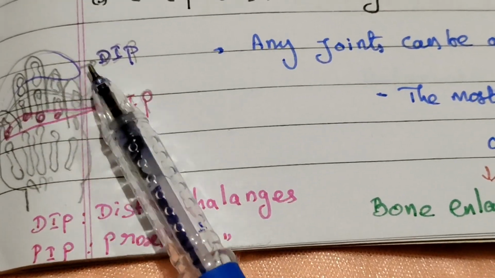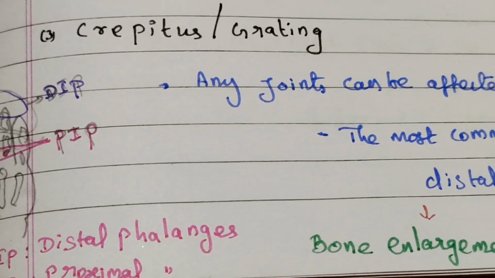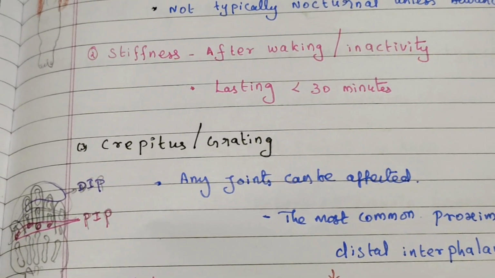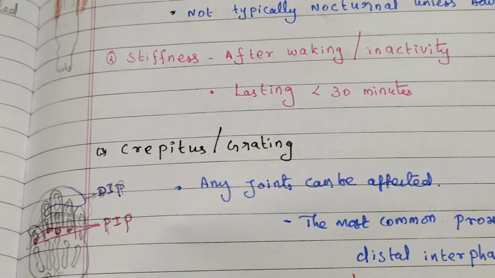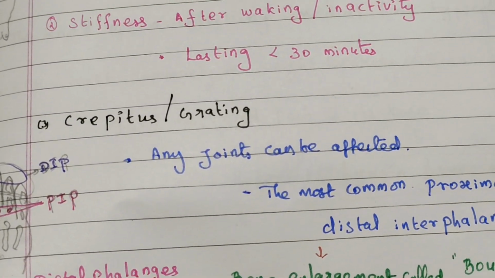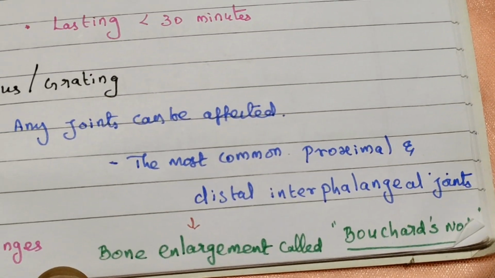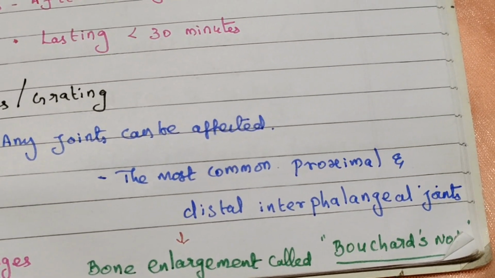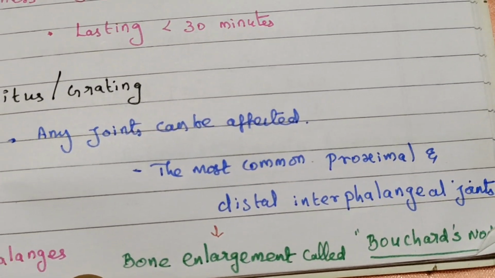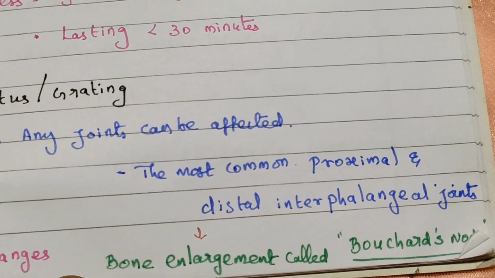This part is the distal phalanges, and this second one is the proximal phalangeal joint. The distal and proximal interphalangeal joints are mostly affected, and bony enlargement will happen.